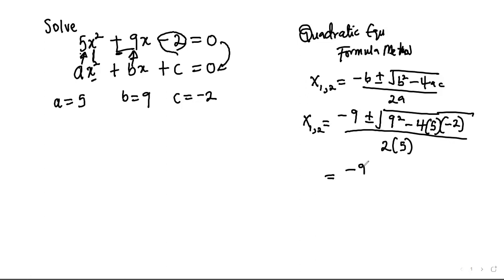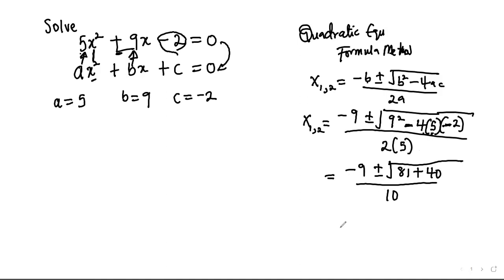So we have minus 9 plus or minus the square root of 9 squared, which is 81. And of course, you see this minus and this minus here becomes positive, and 4 times 5 is 20, 20 times 2 is just 40, all over 10.